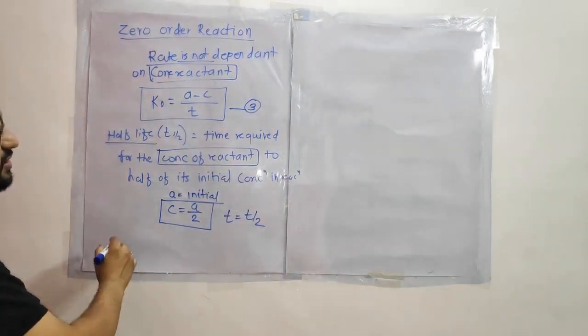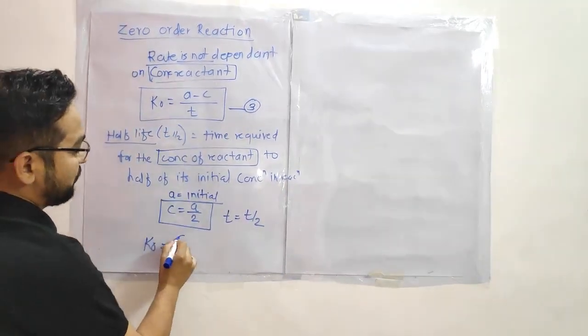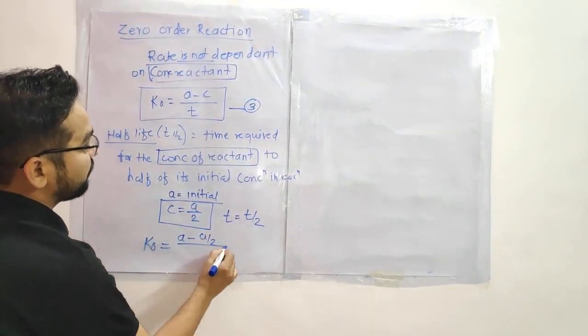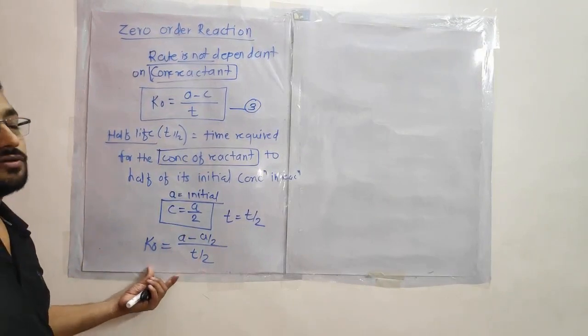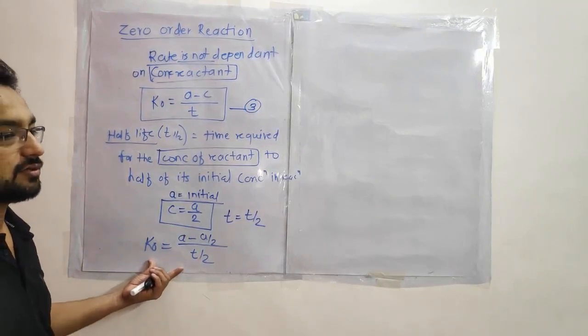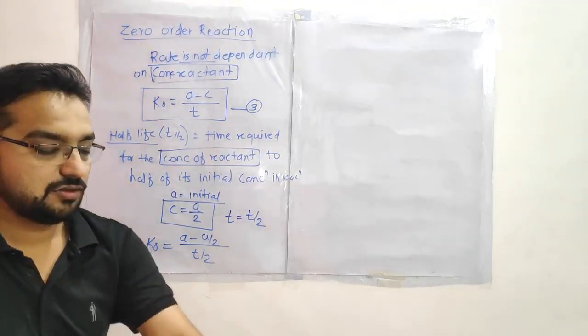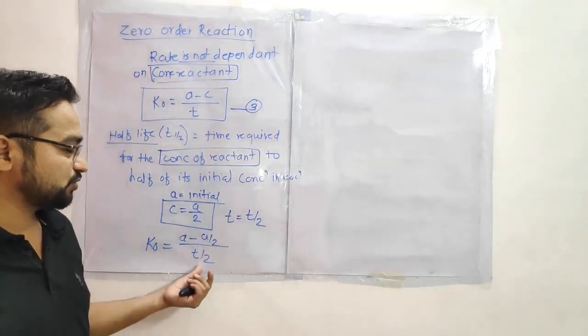So in equation number 3, if you substitute this, k0 is equal to a minus c over t, where c is equal to a by 2, and t becomes t half. So k0 is equal to a minus a by 2 divided by t half.